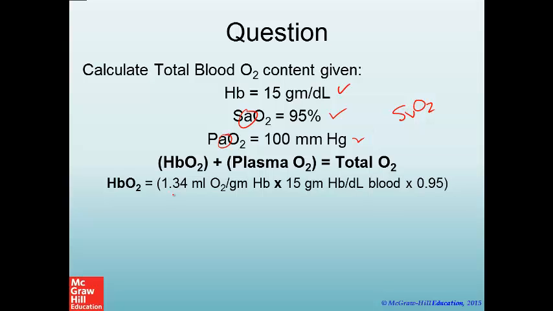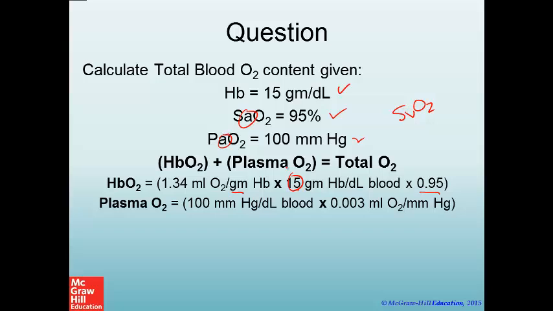So we know that each gram of hemoglobin carries 1.3 milliliters of oxygen. We know that there are 15 grams of hemoglobin in the blood. That was given. We know the saturation is 0.95. Right, so 95% of this 15 grams is carrying oxygen.